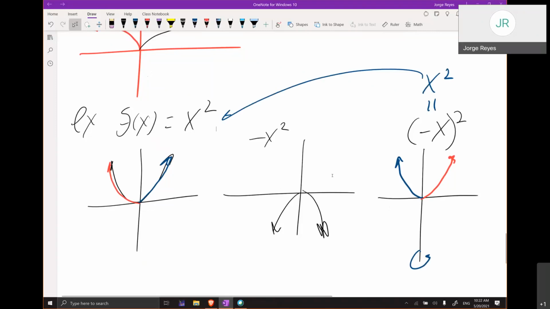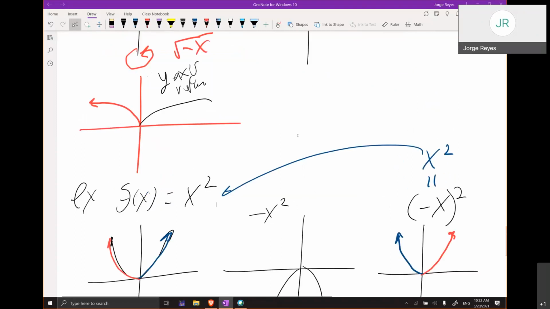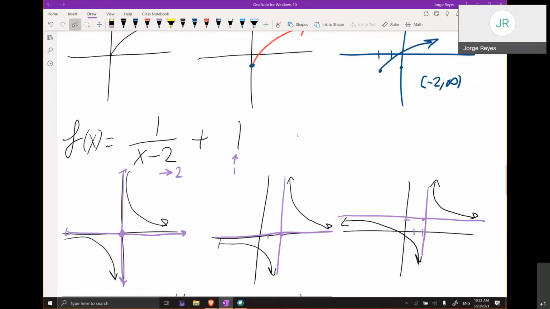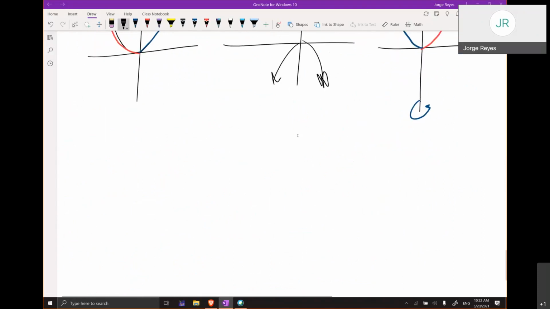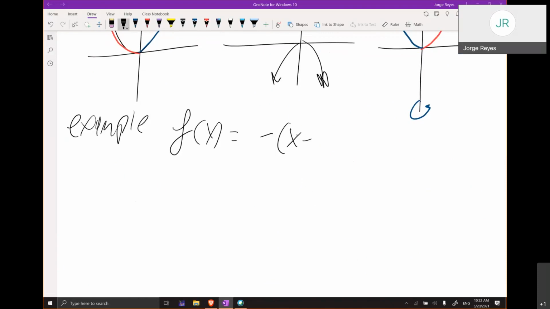All right. So now that I taught you reflecting and vertical and horizontal shifts, that's really all you need to do for the test, because I'll just ask you to graph things like this: negative x plus 1 cubed minus 2.